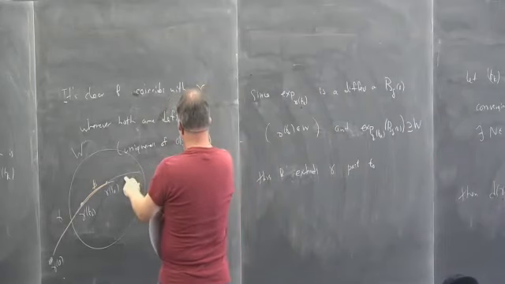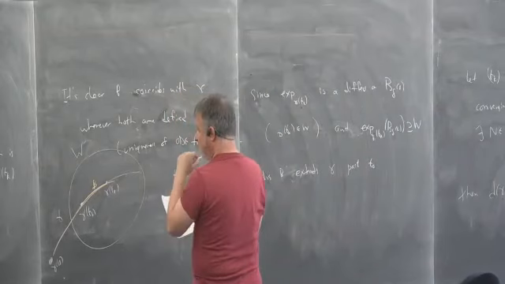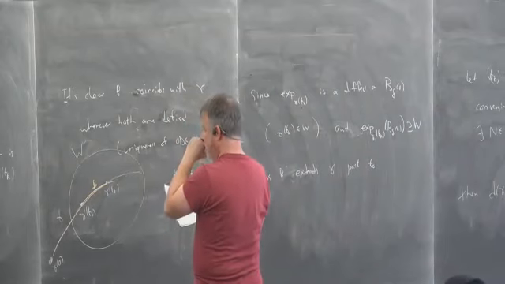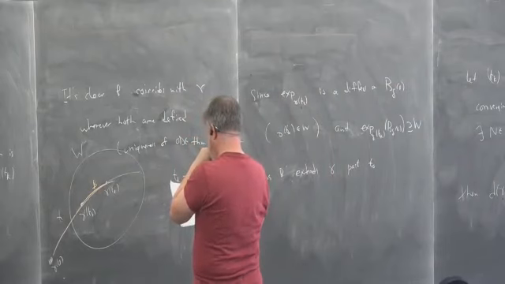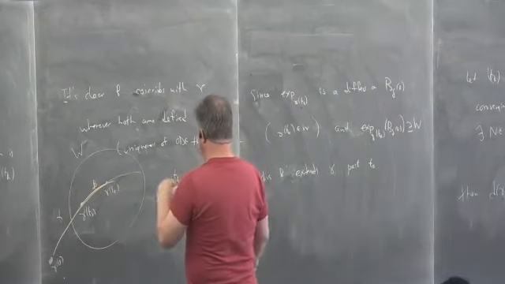That's right. P naught is in W. I've done something wrong. I can't see it right now.